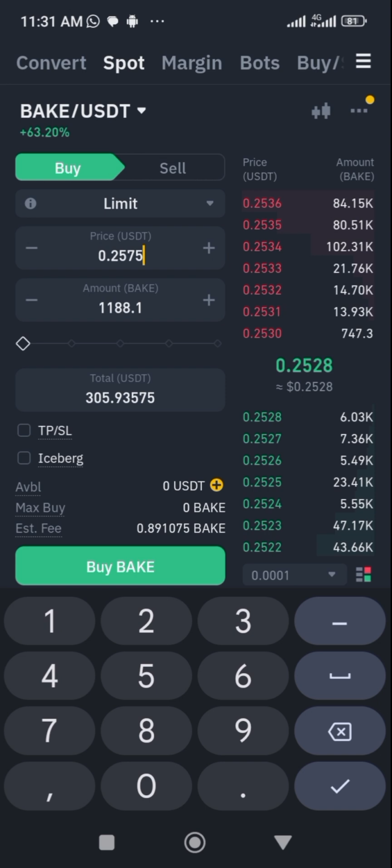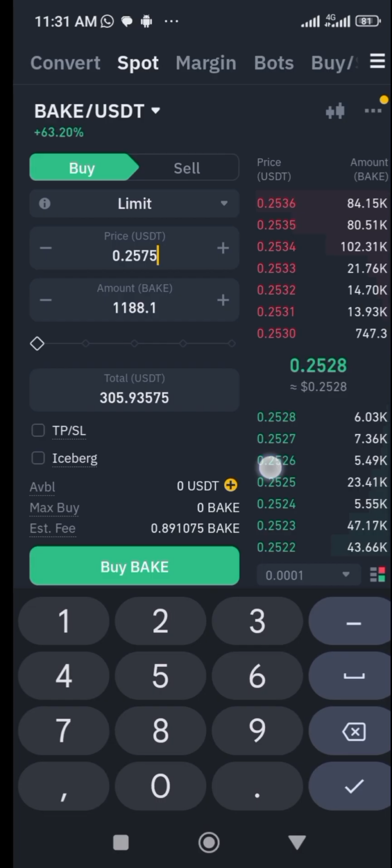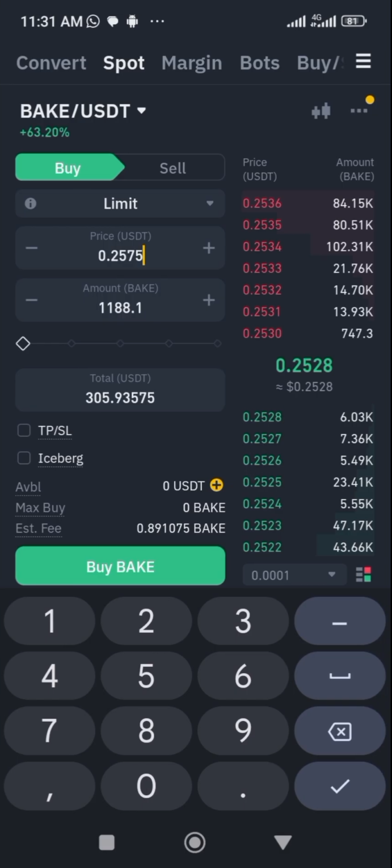So if you are using $100, you will be making 20% of $100, which is 20 USDT. Imagine getting 20 USDT or even 10 USDT every single day. It's actually something. So I'm going to show you this strategy.